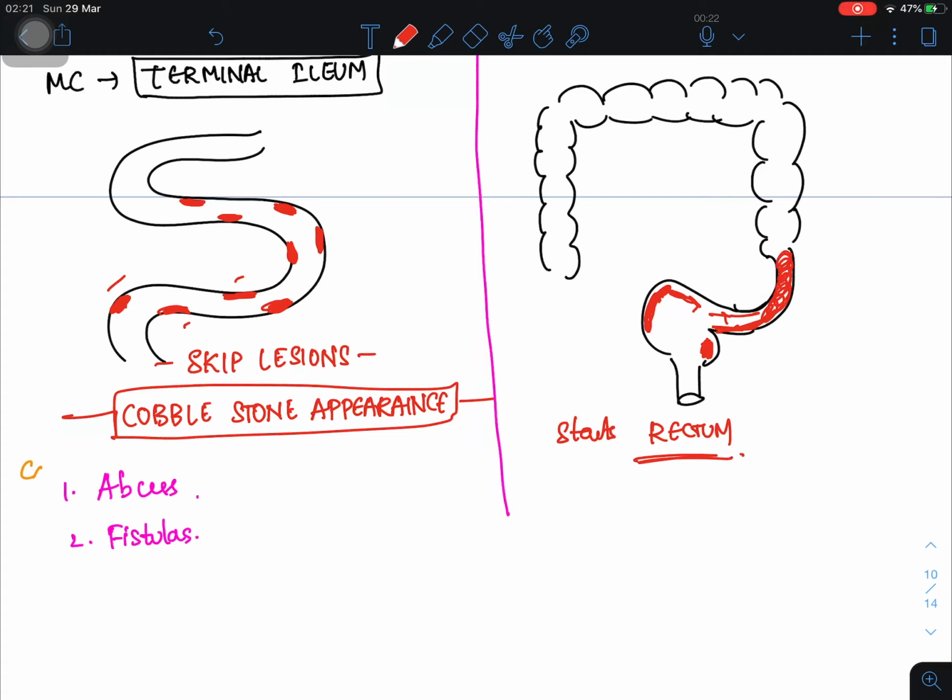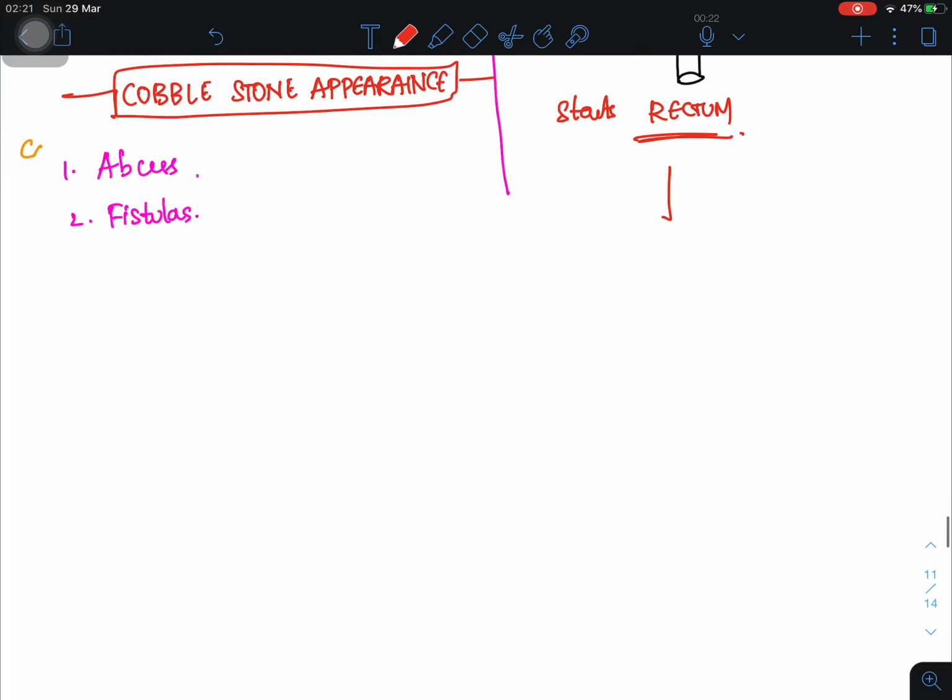You see, it can spread in such a way that it can affect your entire colon. When it affects your entire colon, you call this condition pancolitis. But where does the primary inflammation start? It starts in the rectum. Now at some point it might happen like this, that the entire colon becomes involved.